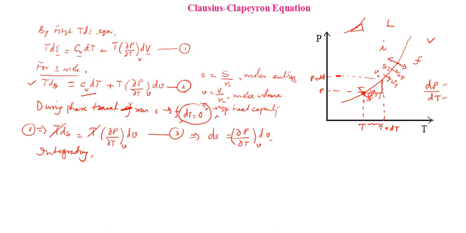So what I'm doing is integrating dS from the initial entropy value Si in the initial phase to Sf, the final value.